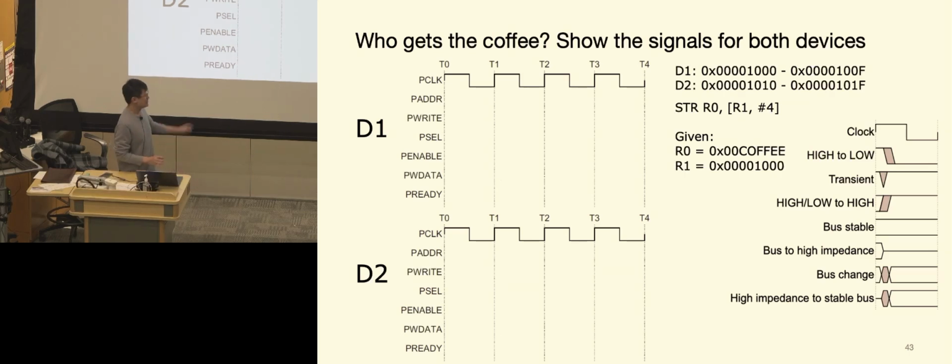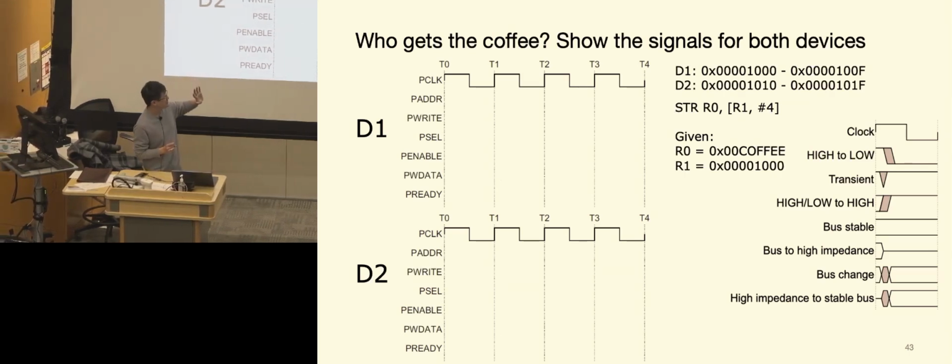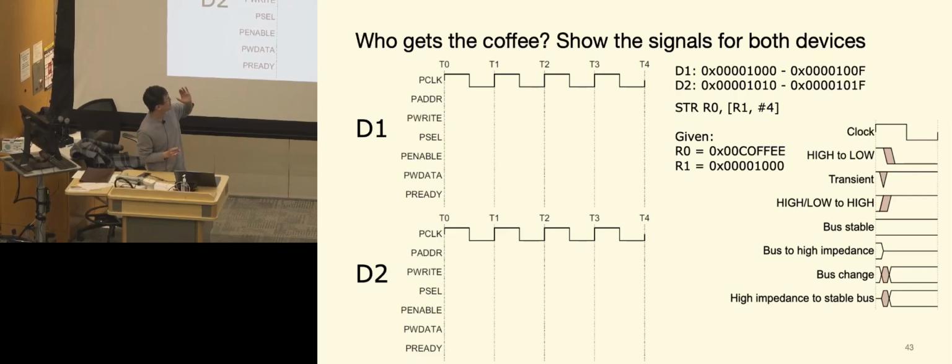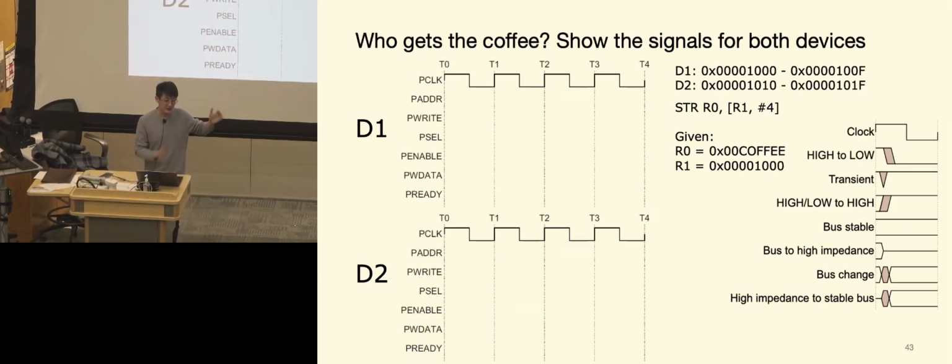Any thoughts? Okay, let's get back to the problem here. We now have the instruction coming in. Let's look at D1, the device 1 first. T0, the 0 cycle, is basically whatever carries over from the previous one, and what happened at cycle 1 here?